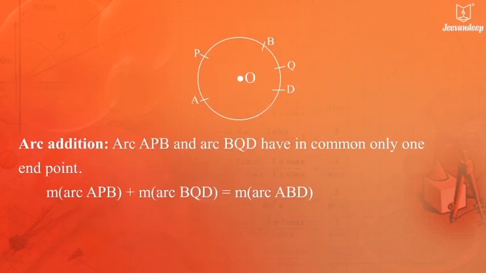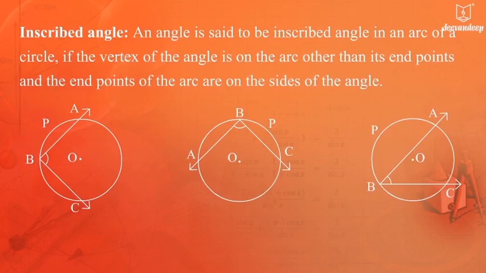Arc addition. Arc ABB and arc BQD have only one endpoint in common. Measure of arc ABB plus measure of arc BQD equals measure of arc ABD. Inscribed angle.